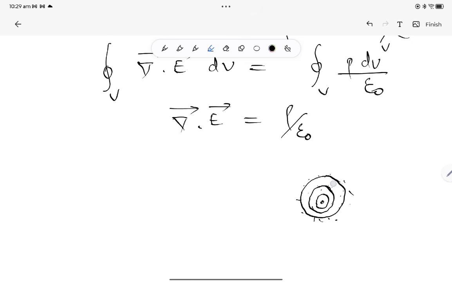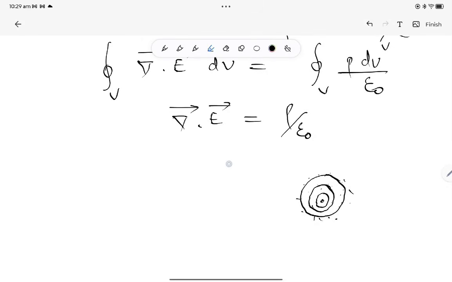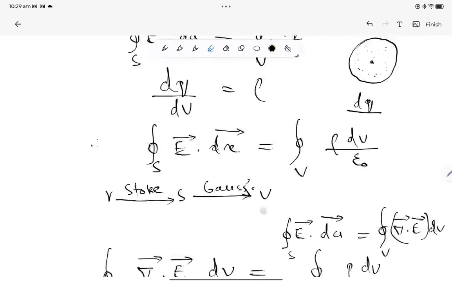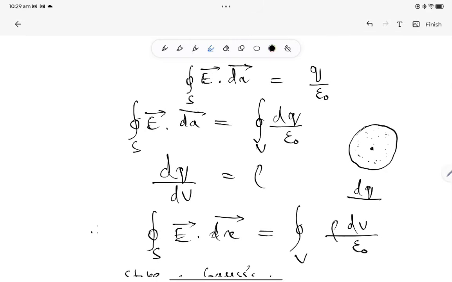Now let us go to Gauss's law for magnetism. For magnetism, it is quite simple. The flux through a closed surface is always zero. What I mean is this. When you write electric flux on one side, you write the charge enclosed on the other side.